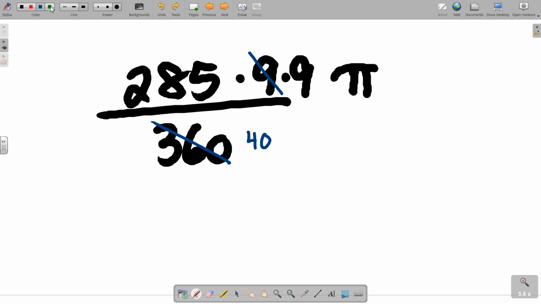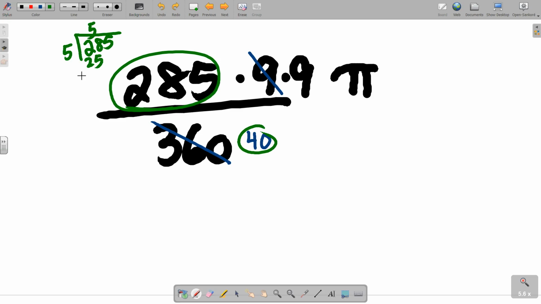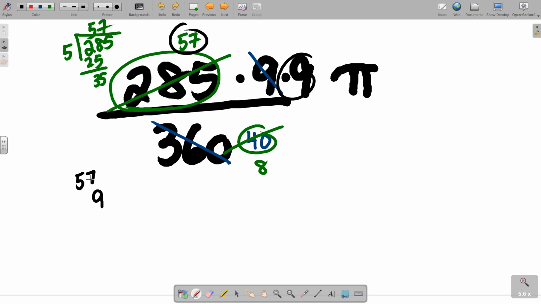Once again, I'm going to go ahead and reduce the 40 and the 285. 285 divided by 5. 5 goes in there 57 times. 5 goes in there 8 times. I see if I can reduce any other way. I can. So last but not least, we multiply. Longhand.